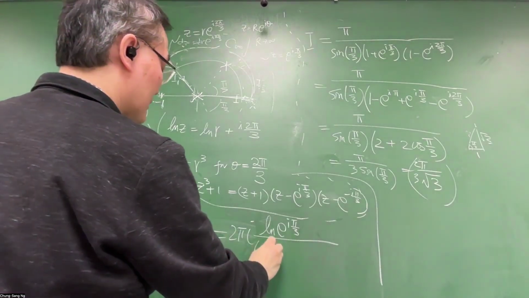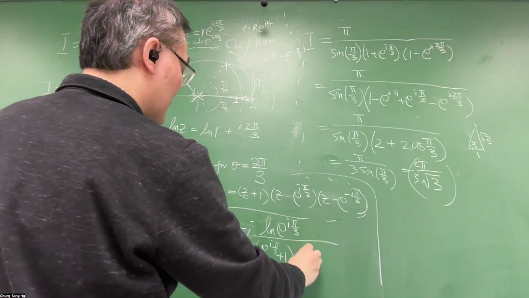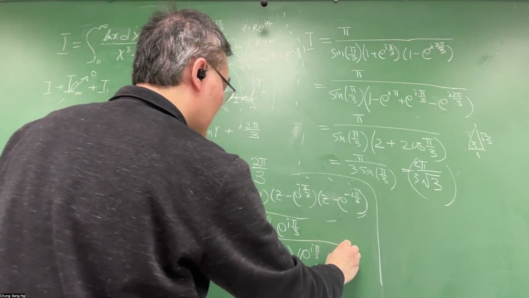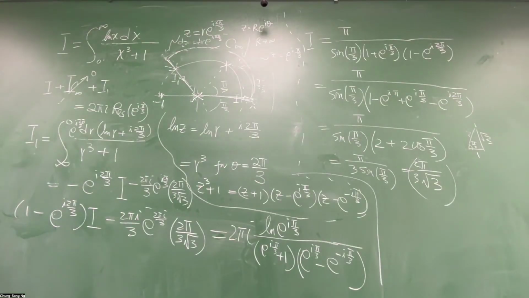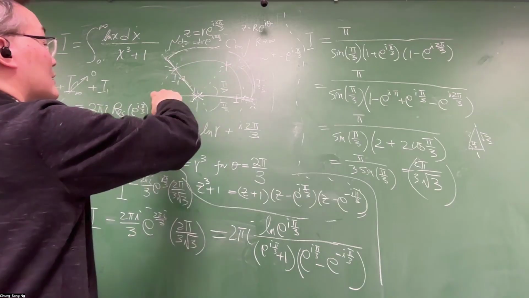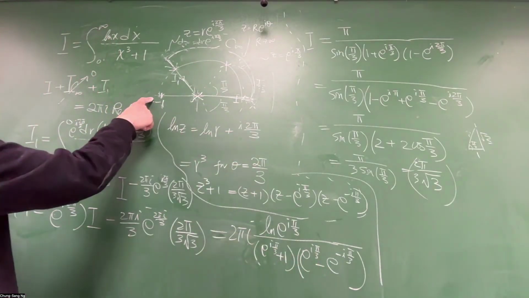One is e to the i pi plus one. The other is e to the i pi over 3 minus e to the minus i pi over 3. Right? Because we still have the same poles here, here, here. So the three factor, this is from this root.